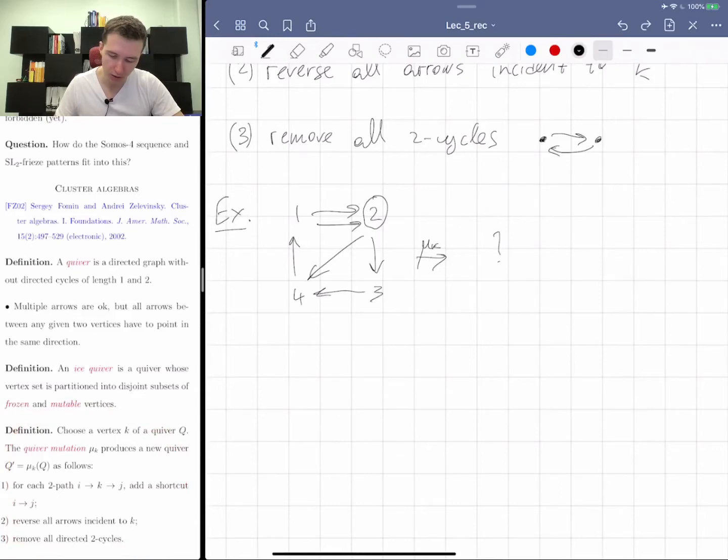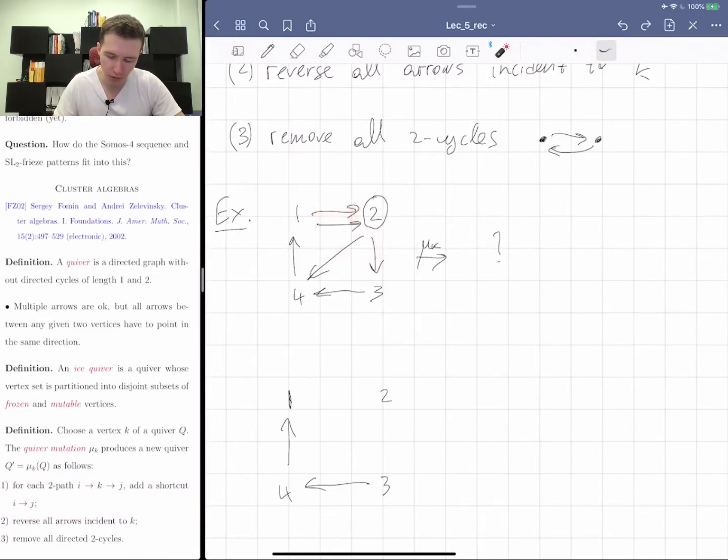And so if I mutate vertex 2, then first of all, let me redraw the arrows which are not incident to 2. So I draw 1, 2, 3, 4, and these 2 arrows I'm just going to preserve. But then the first step is telling me that for each 2-path, so for each incoming arrow and for each outgoing arrow, I'm supposed to create a shortcut.